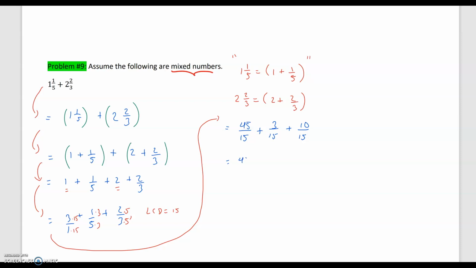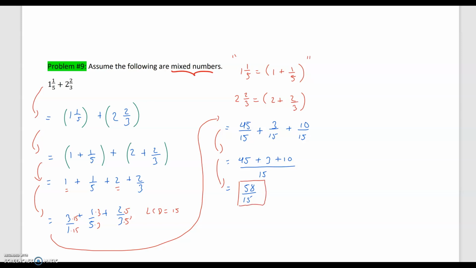So this will be 45 plus 3 plus 10. And 45 and 10 would be 55, plus 3, I'm looking at 58 15ths. Let me just wait a second so I can take a look at the total. Yep, that's perfectly fine here.